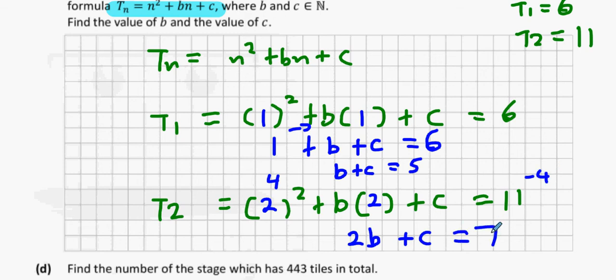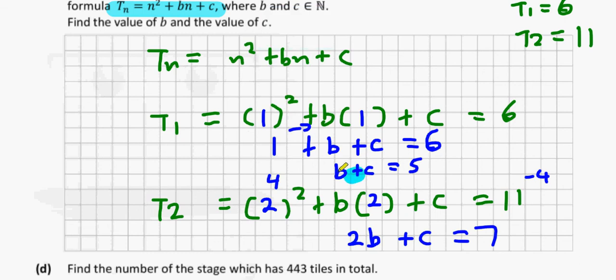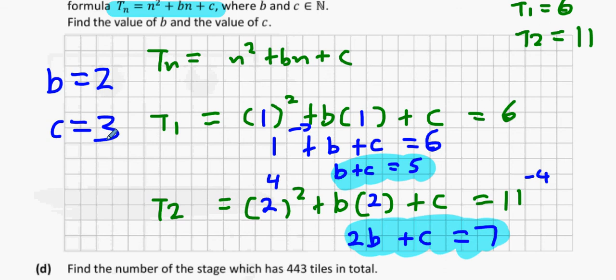Excellent. Now, you solve a simultaneous equation. All you guys know how to do a simultaneous equation, don't you? I'll just give you the answer. B equals 2, C equals 3.